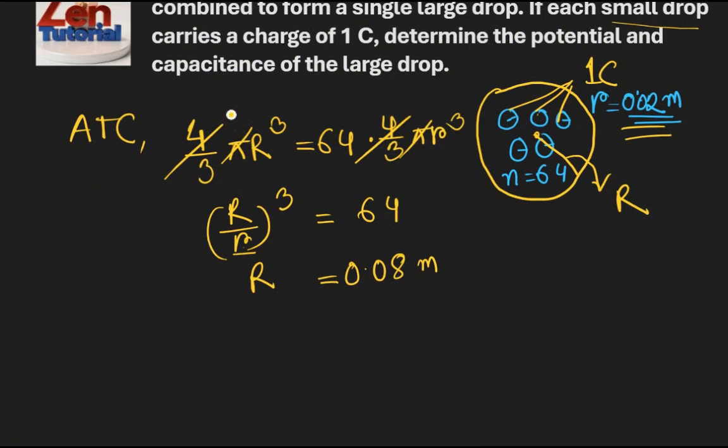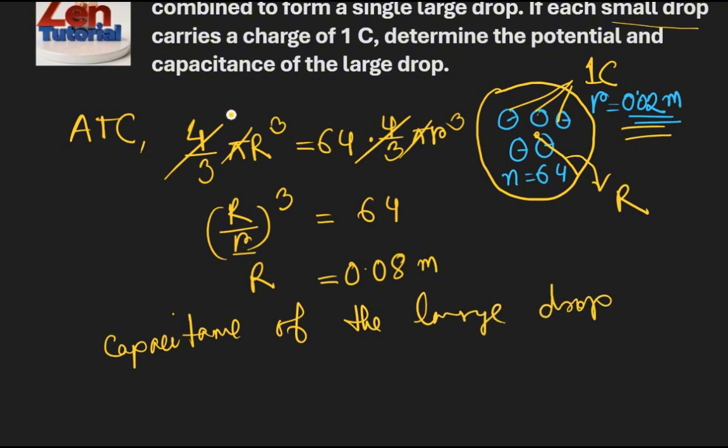Now what we have to determine is the capacitance of the large drop. So the capacitance of the large drop, C, is equal to 4 pi epsilon naught times the radius, as the drop is spherical.